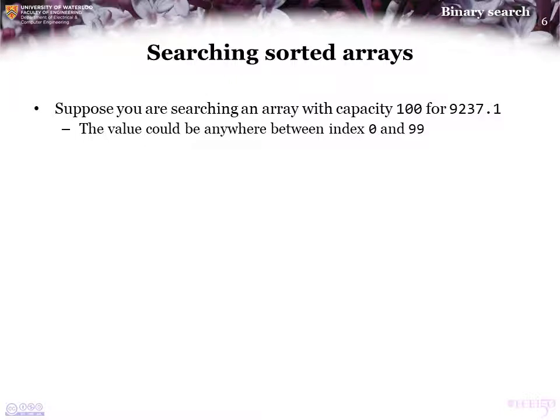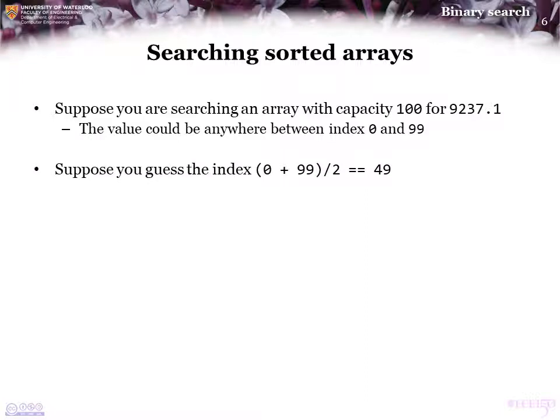Suppose we're searching an array with capacity 100 for this very specific value, 9,237.1. Now, the value could potentially be anywhere between index 0 and index 99, for if the capacity is 100, the indices run from 0 to 99.